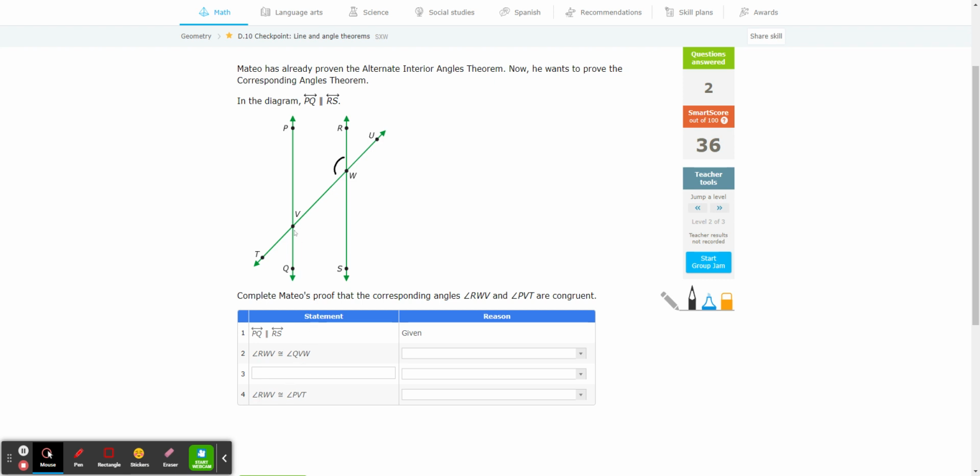All right, we know these are parallel. I mark it with the little parallel symbol. So that makes these two angles alternate interior. The alternate interior angles theorem says that they are congruent.